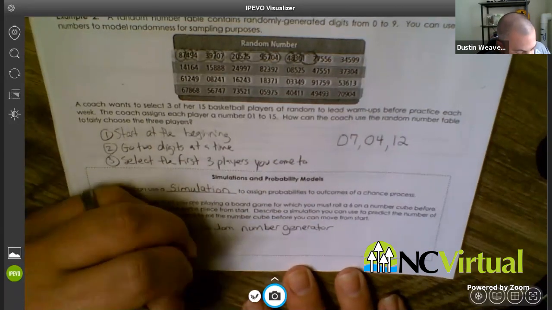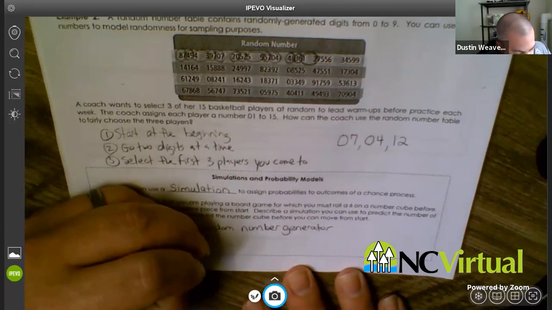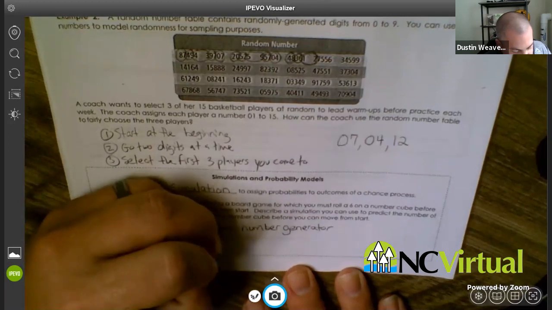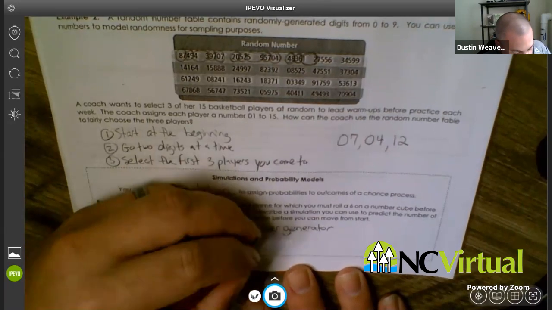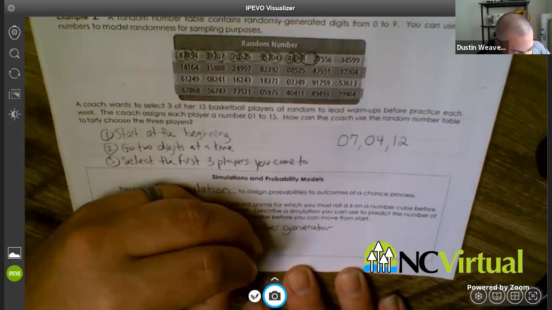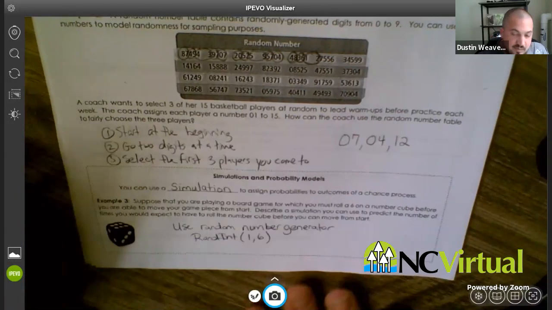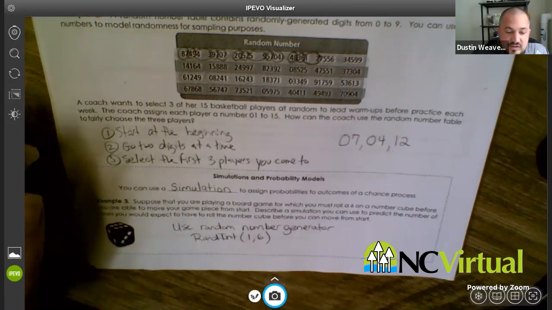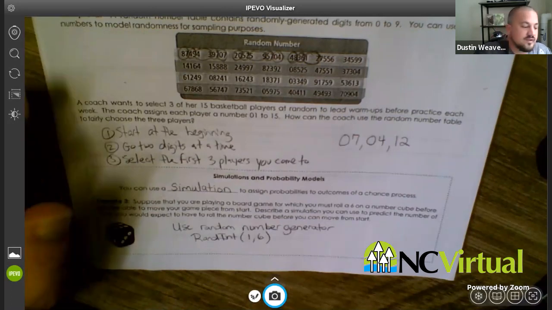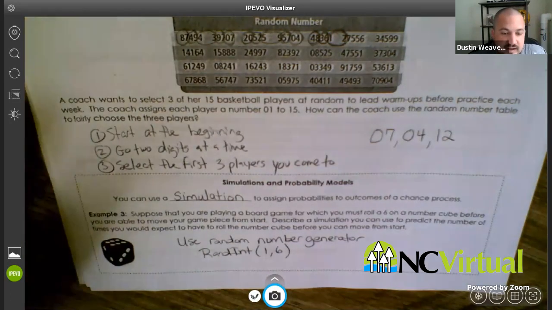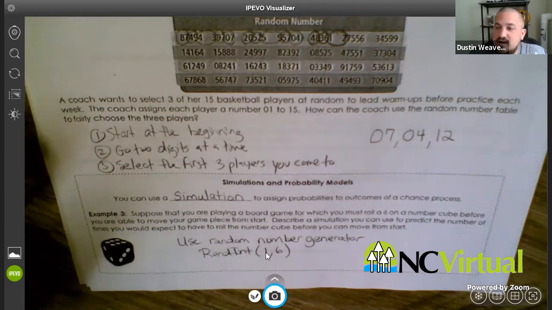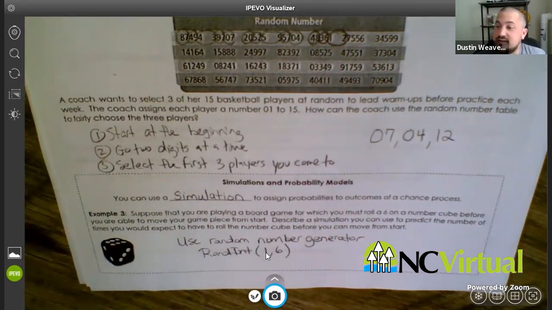So we're going to use a random number generator. We're going to say random integer, int, and we're going to do 1, 6, okay? What this will do is randomly select a number from 1 to 6.